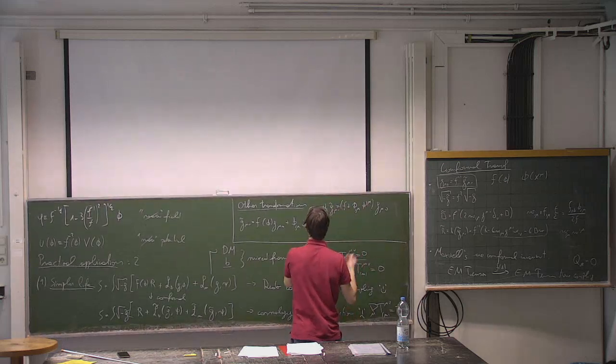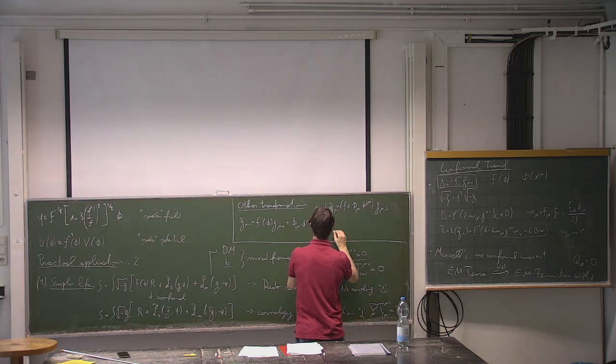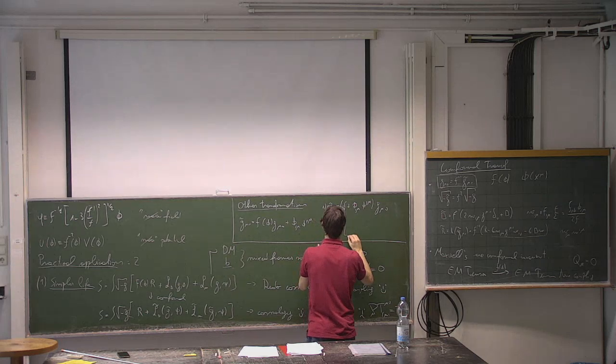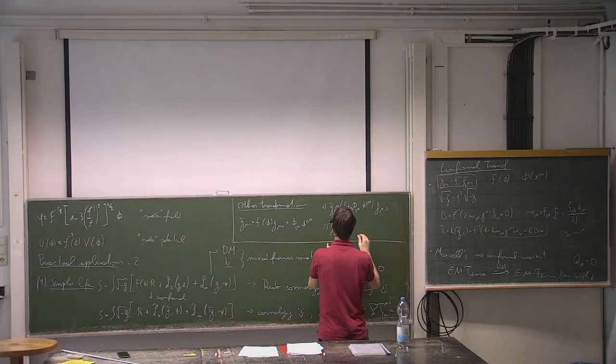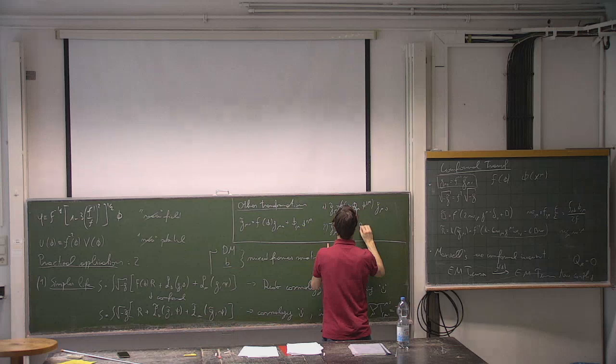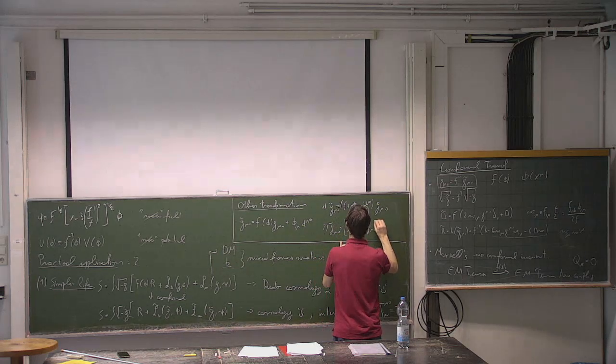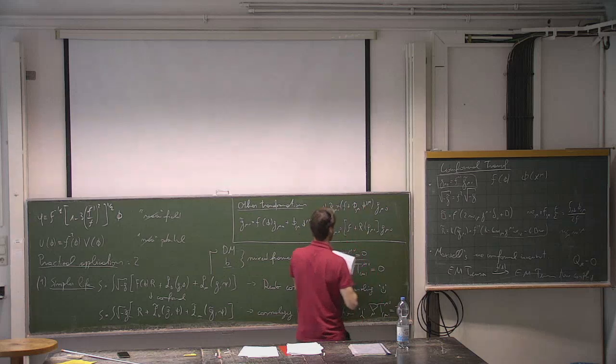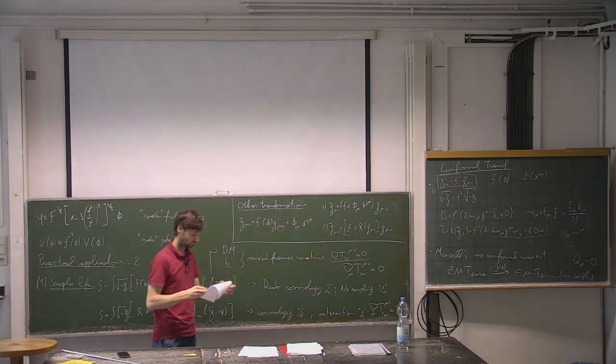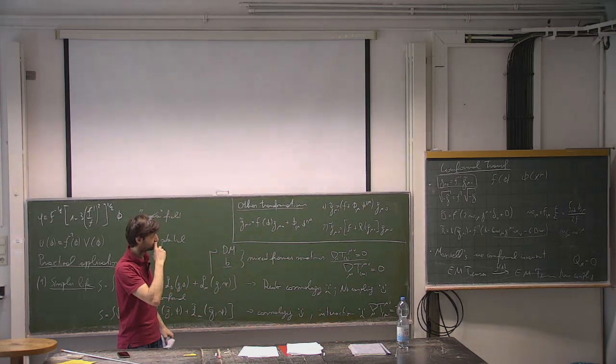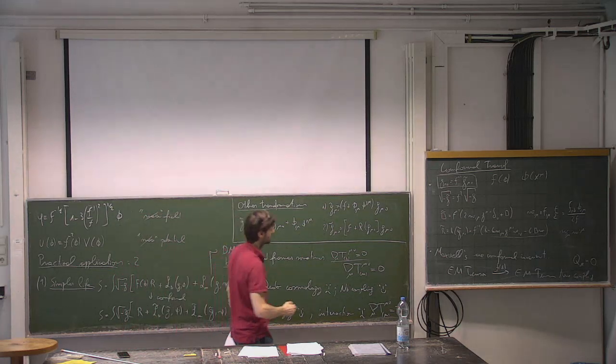And another one, just to end up with a few examples, G tilde mu nu is equal to F plus R of G mu nu and G mu nu. Okay, what's the complication of this one?